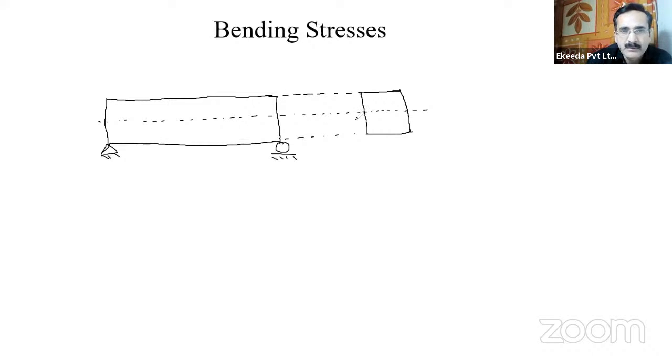This is our neutral axis. And we want to find out the bending stress at this point. Suppose at this fiber EF, we want to find out the bending stresses, and it is at a distance of y from the neutral axis, right? In that case, the bending stress will be given by M by I equal to sigma by y equal to E by R.